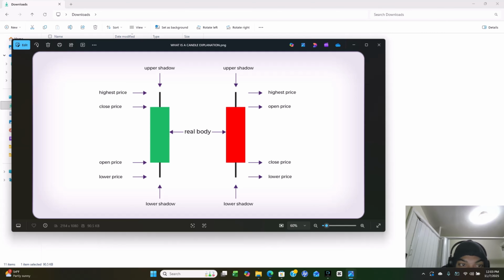Nobody can control that. And sometimes it goes down, to whatever price it wants to go. And when the market closes, that's a done deal. That price is done already. It's closed, right?